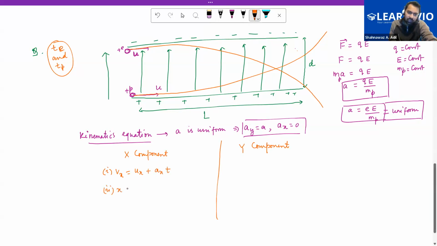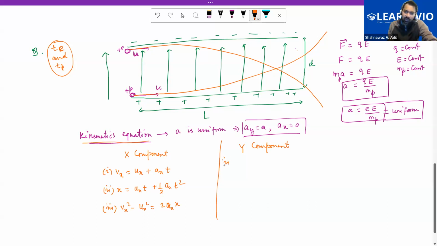The other would be x equals uxt plus half axt square. And the third one would be vx square minus ux square is 2axx. These are the three kinematics equations.